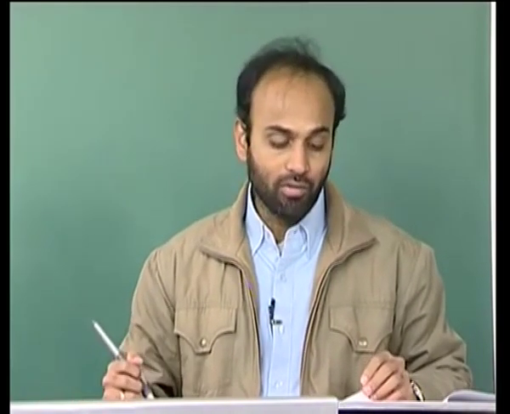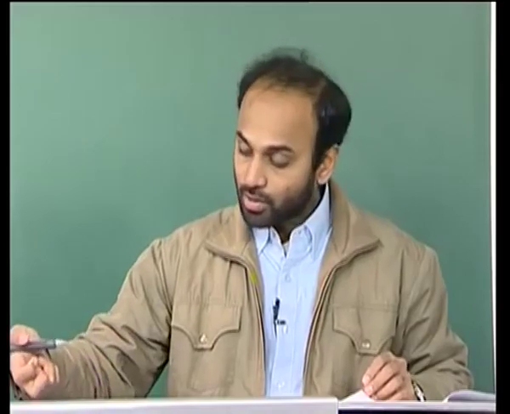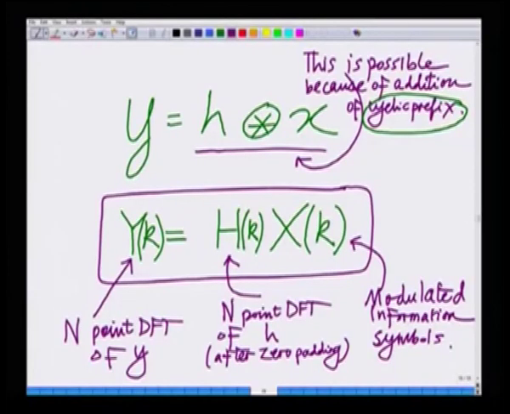And so this is the symbol transmitted on the kth subcarrier. This k corresponds to what? This k is nothing but the kth frequency point of the DFT.